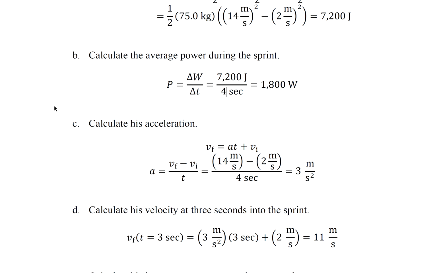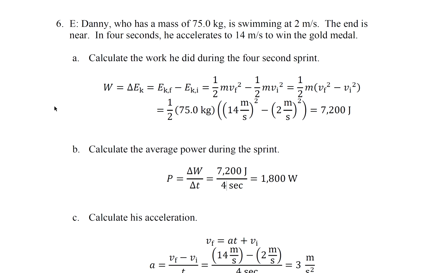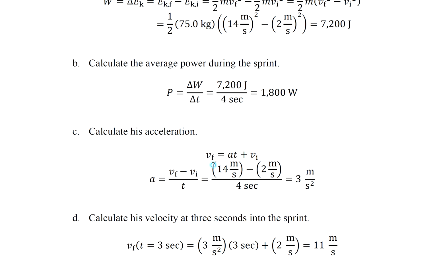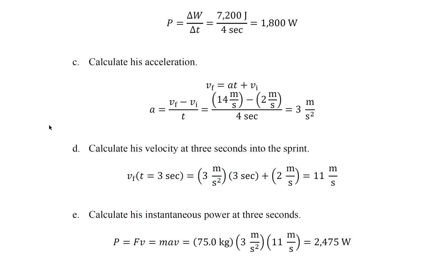Part C. Calculate his acceleration. We were given V initial and V final. And we were given time, 4 seconds. So this is all given to us. Part D. Calculate his velocity at 3 seconds into the sprint.